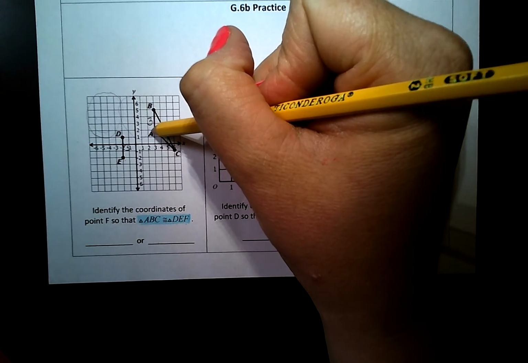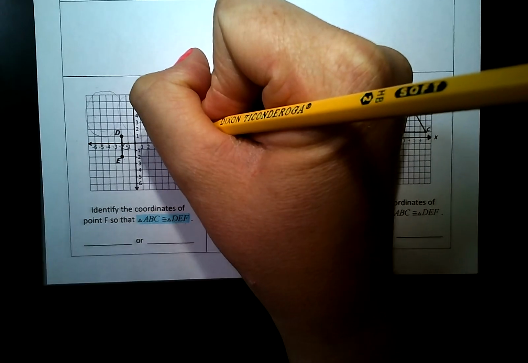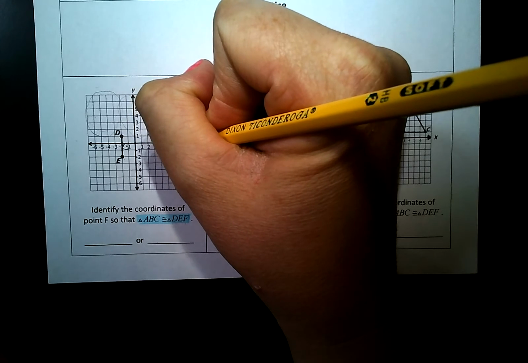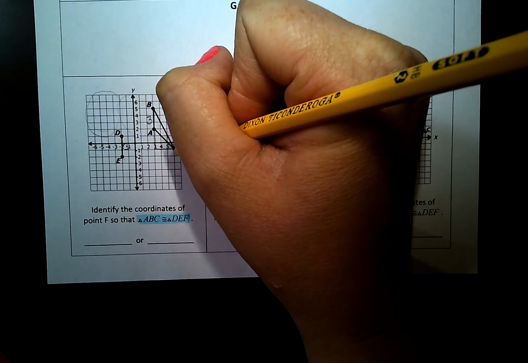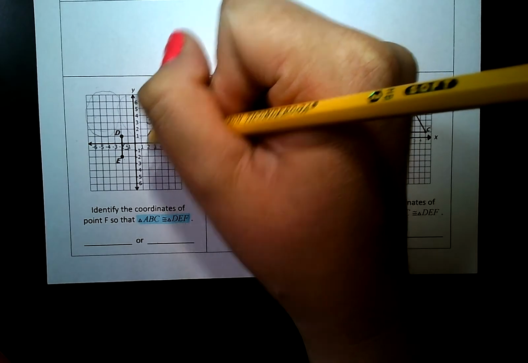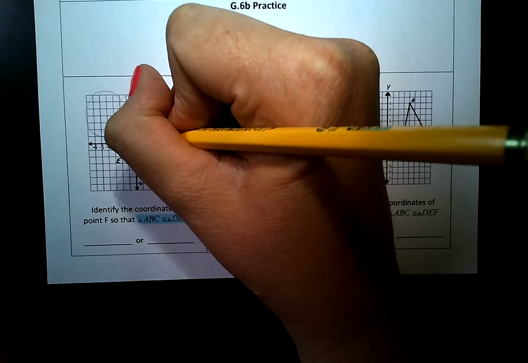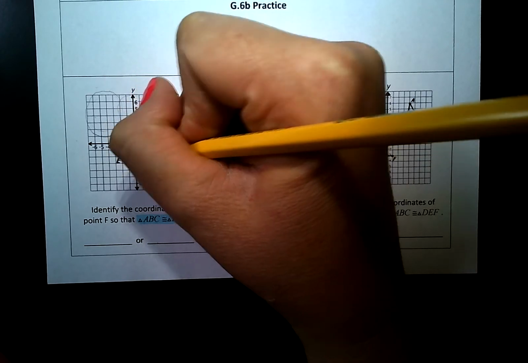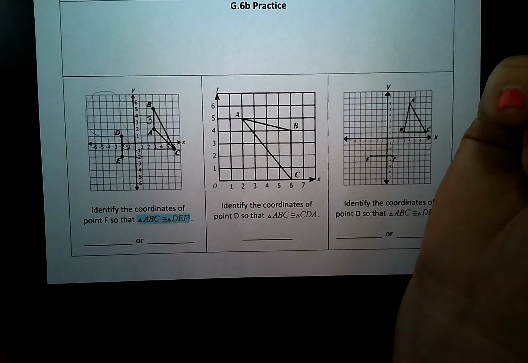I'm going to go from A to C. From A to C, I need to go down 3 and right 3. Okay, down 3, right 3. Now, A matches up with D, so I need to work from point D. If I go down 3, right 3, there's no way I'm going to form a congruent triangle.